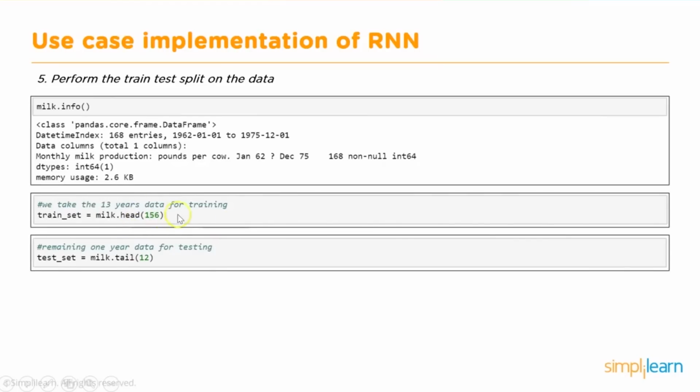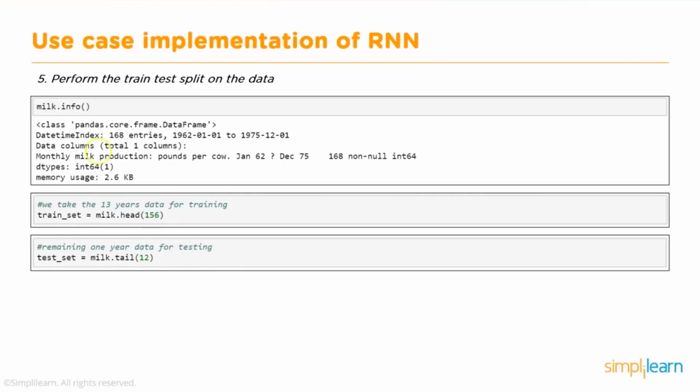So we are taking 13 years of data for training purposes, and then we are using the remaining 1 year of data for testing purposes. Because for this 1 year, we know the values, and if we want to compare the accuracy, we need to know the values. So we train the model on 13 years of data, and for the 14th year we ask our model to predict and then compare it with the known values so that we know how accurate our model is. I hope that makes sense.